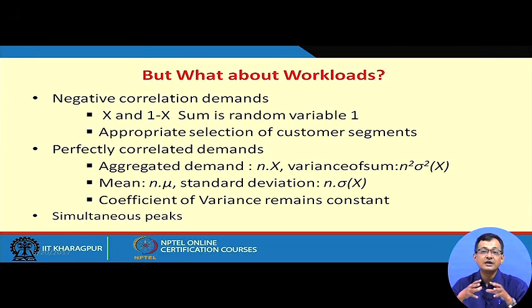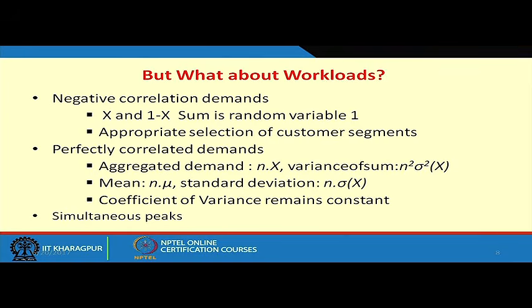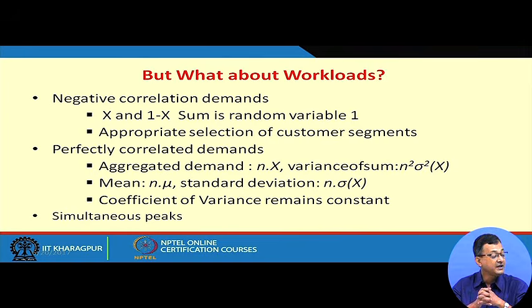So, it is compensating, right. If both are working at the same time, then the peak will go much higher, but by selecting those negatively correlated demands on the time scale, I could manage with the same infrastructure. So, that selection of the customer base is an important thing.